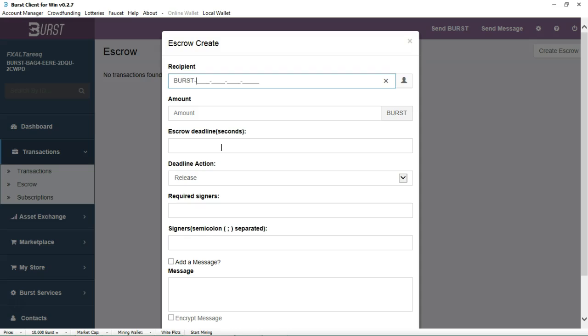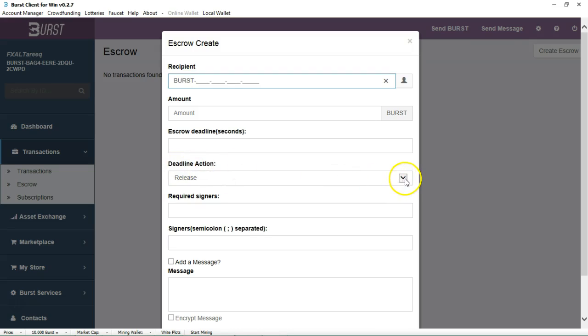Now the deadline is done in seconds, and 86,400 seconds is equal to 1 day. So you have to multiply that by the number of days in which you believe the transaction should end. And obviously you want to add a couple of days to that, just to have some breathing room, in case something happens between the two.